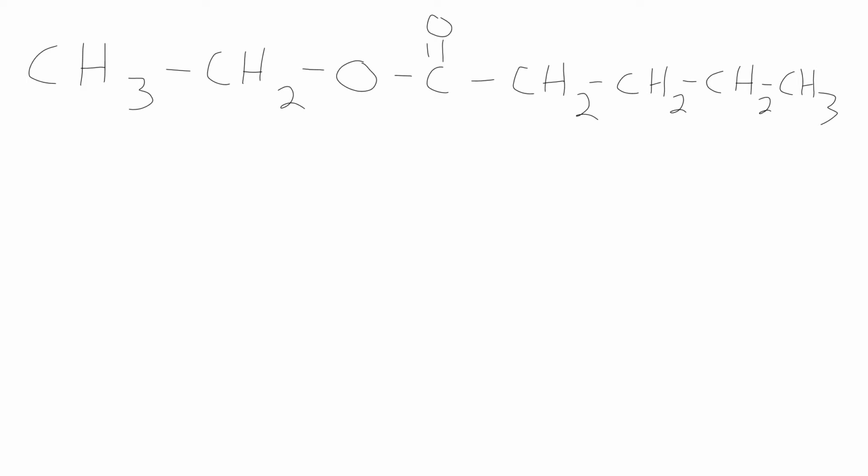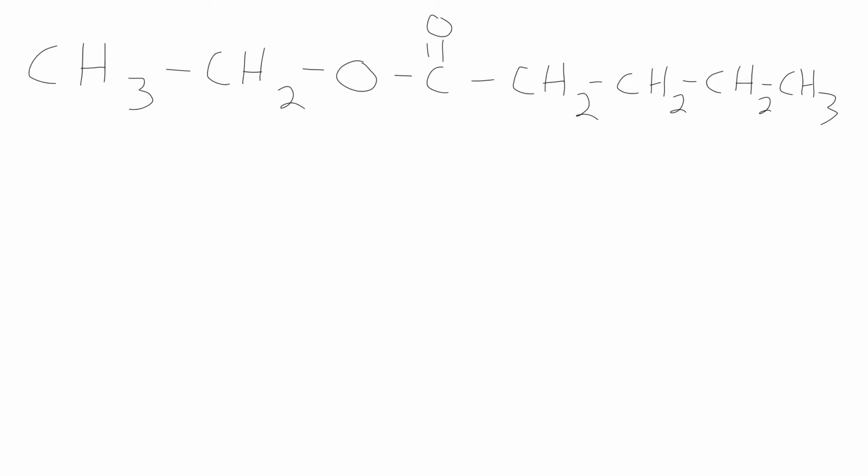So here we're dealing with an ester. We recognize that we're dealing with an ester because we see the C double bond O, single bond O, that disruption in the carbon chain. Every time you first look at an ester, you want to figure out where the pieces are for that molecule.